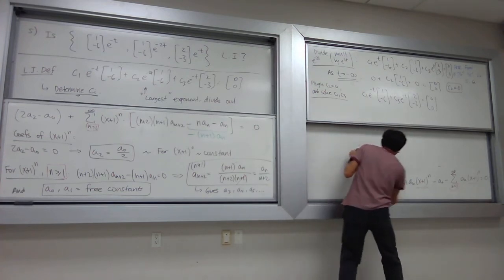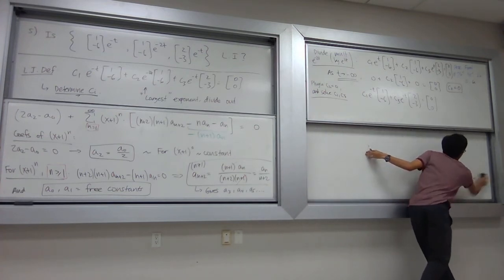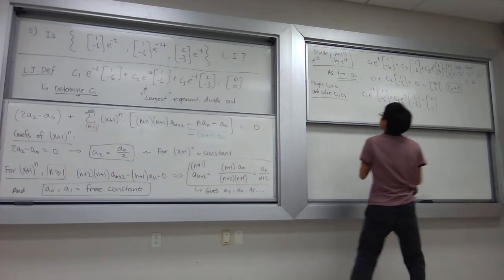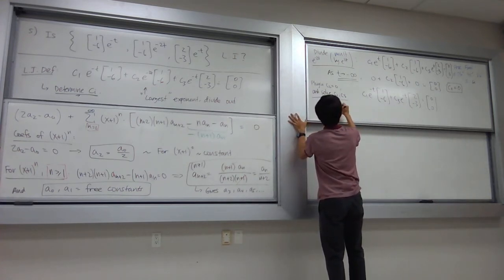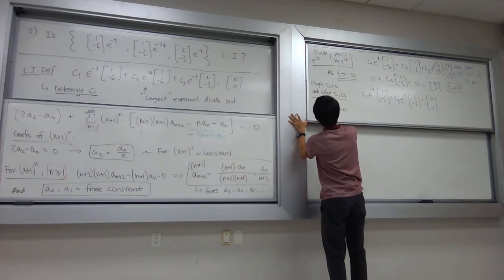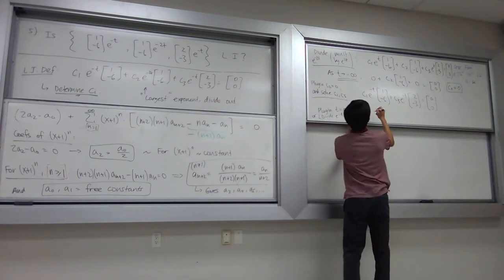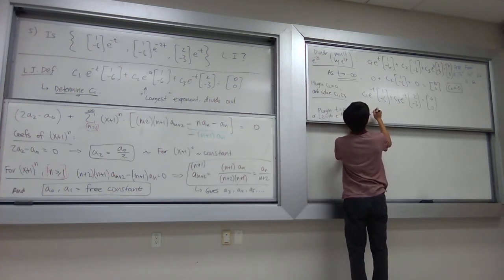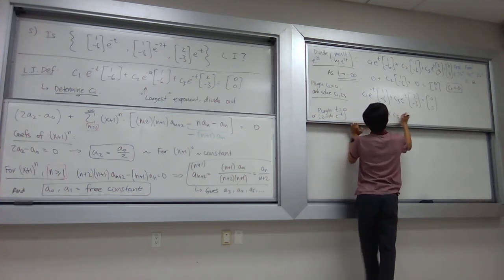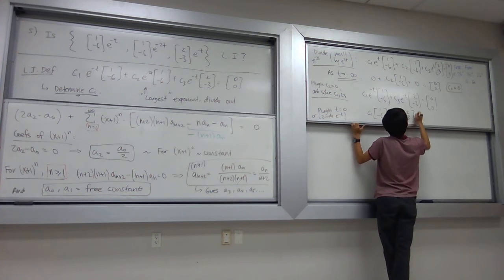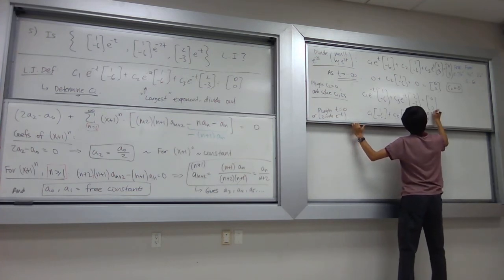So if we plug in t equals 0 or divide by e to the negative t, they do the same job. We'd have C1 (1, negative 6) plus C3 (2, negative 3) equals (0, 0).